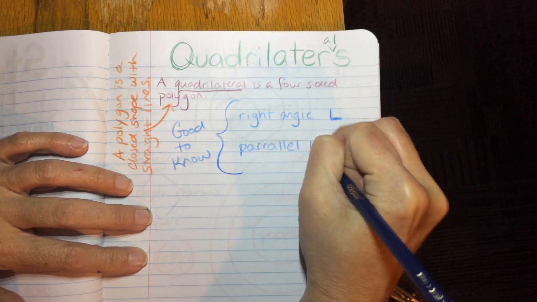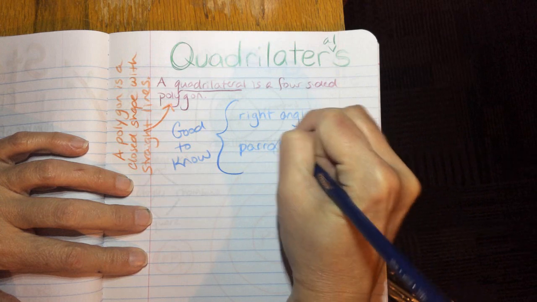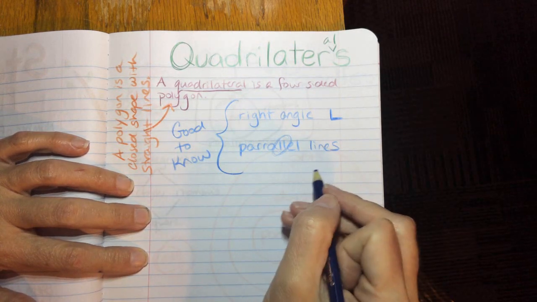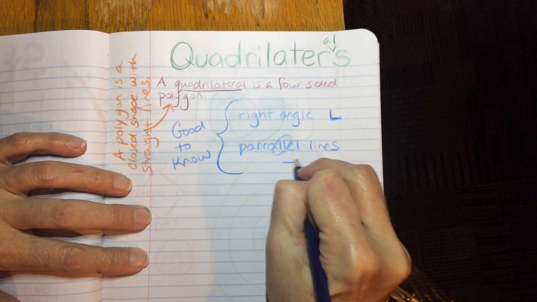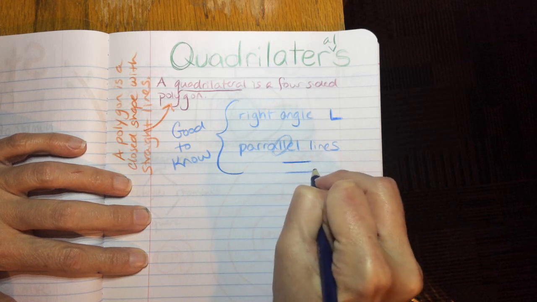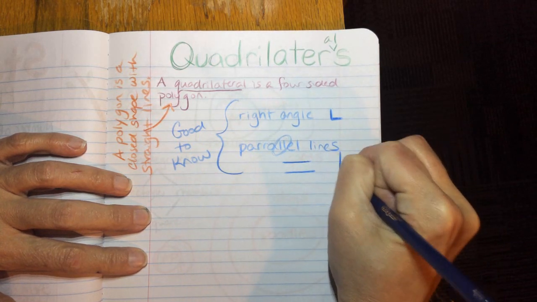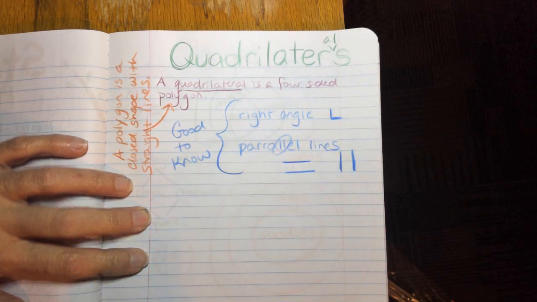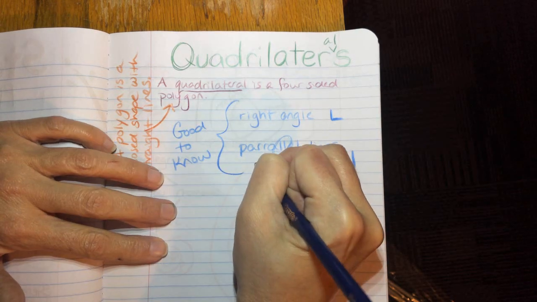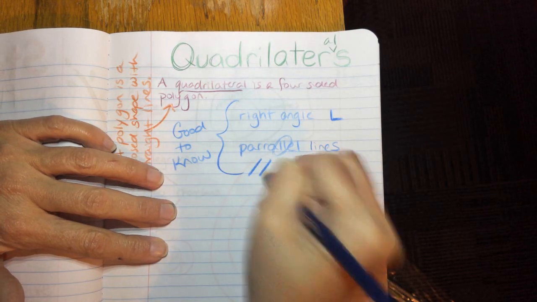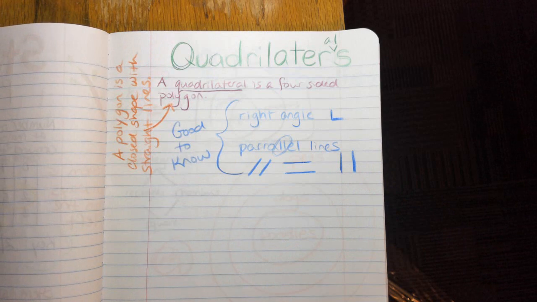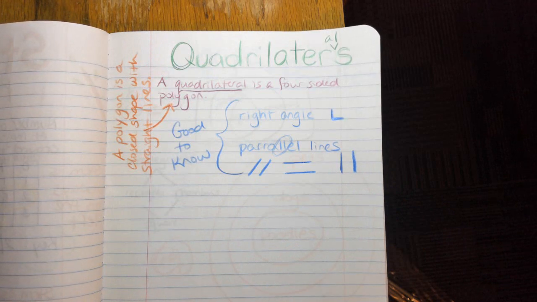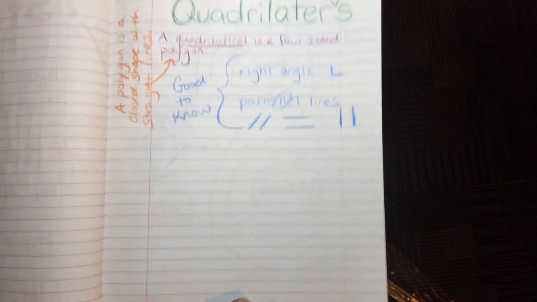I always circle the two L's because the L's in parallel are parallel. They are two lines that could go forever in both directions, and they will never, ever touch. They can be going any which way. So we've got to have those two ideas down before we can talk about different quadrilaterals.